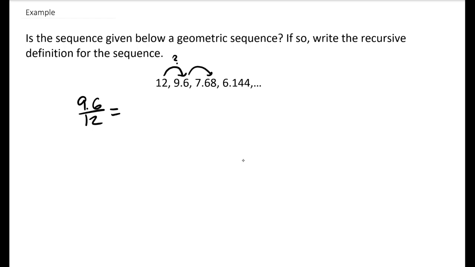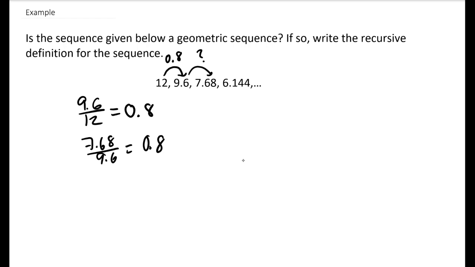If you take 9.6 divided by 12, that's going to be 0.8. So we know that we have to take 12 and multiply it by 0.8 in order to get 9.6. For the next question mark, we're going to take 7.68 and divide it by 9.6, and that would also be 0.8.